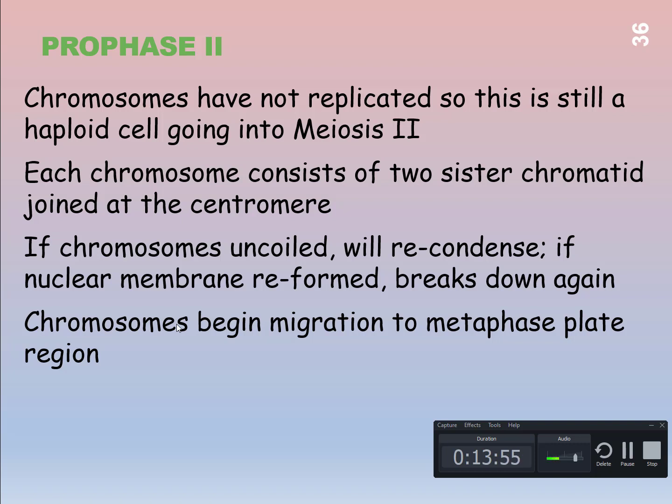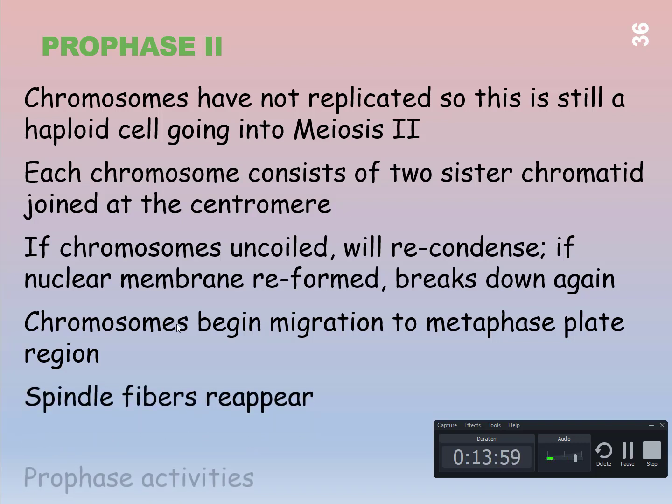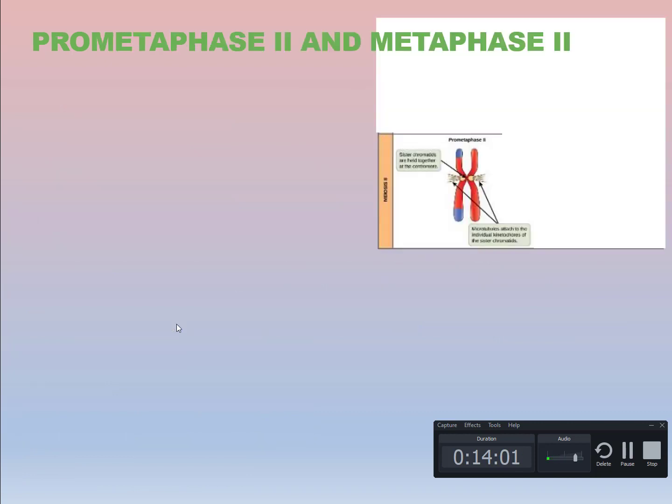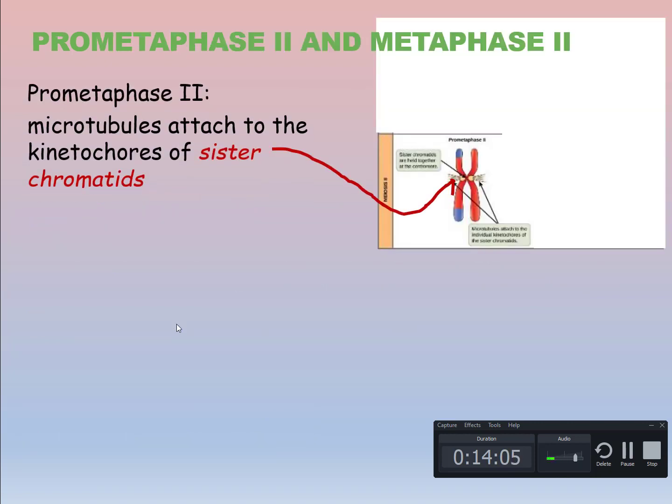All the stuff is going to be basically the same that happened previously. We're going to see those spindle fibers appearing, all those prophase activities. Then we see all those prometaphase activities. The spindle fibers are going to attach to the kinetochores of those sister chromatids. Almost exactly the same thing that happened in mitosis, except it's a haploid cell instead of a diploid cell.